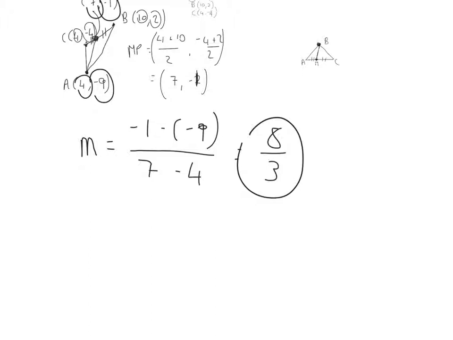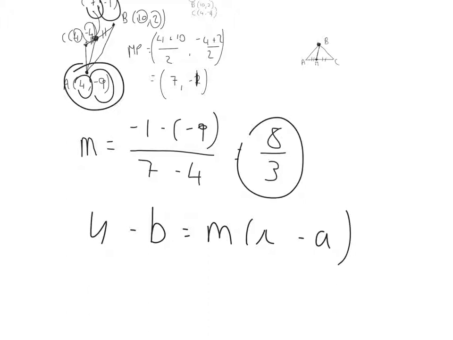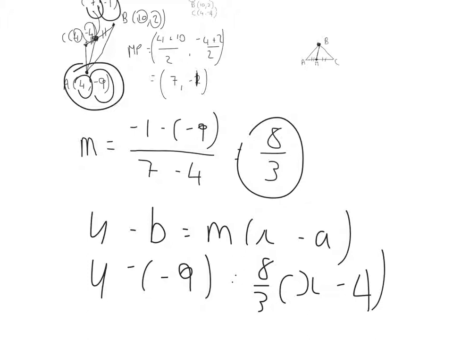So I'm going to choose the point (4, -9). And it's y minus b equals m bracket x minus a. So y minus -9 is equal to the gradient, which is 8 thirds, bracket x minus 4.